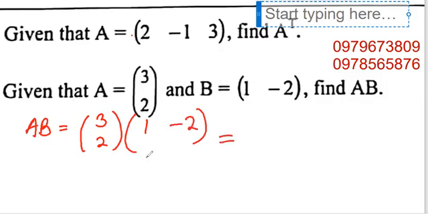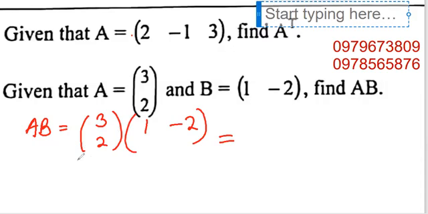Now, you need to understand that, first of all, we multiply row by column. This question is kind of tricky, so you need to pay attention. By the way, this is how we could determine the order of our answer.